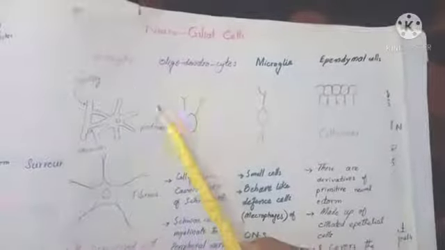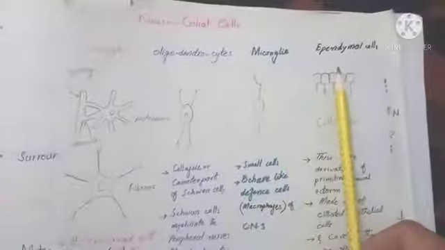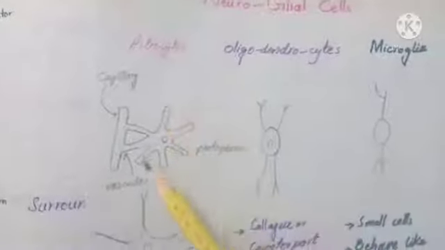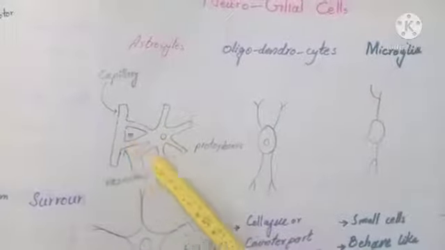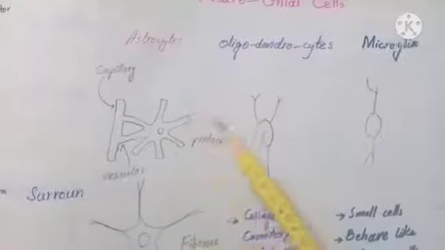The first is astrocytes. The second is oligodendrocytes, then microglia, and the last one is ependymal cells. You can see astrocytes are shaped like a star; this is a capillary, and these are its branches.